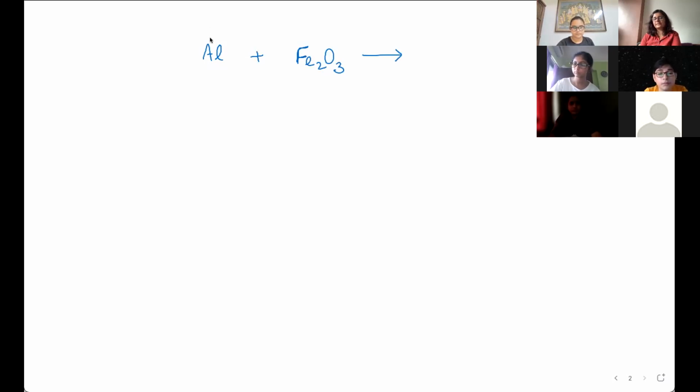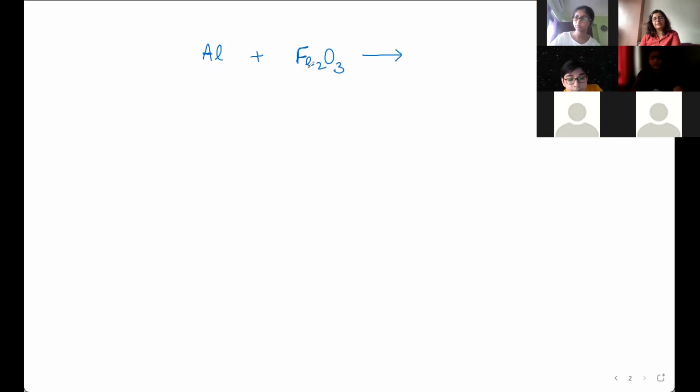So first thing, see if aluminium is capable of displacing iron. If it is, then figure out what the products will be, balance that equation and send it out.